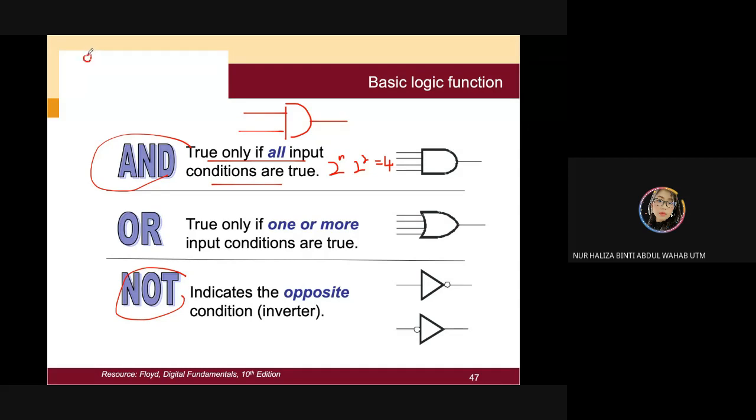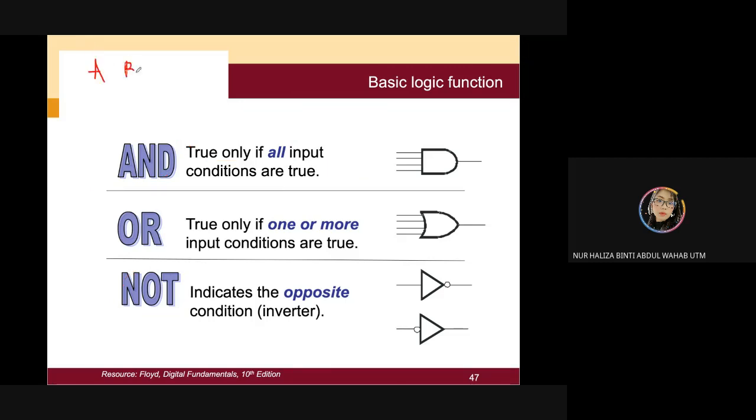Let's say you have A, B, X. This one is for your table, and this one is the symbol. This is A, this is B, and this is your X.